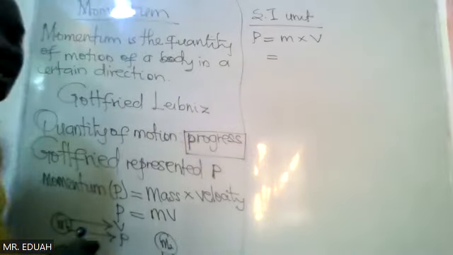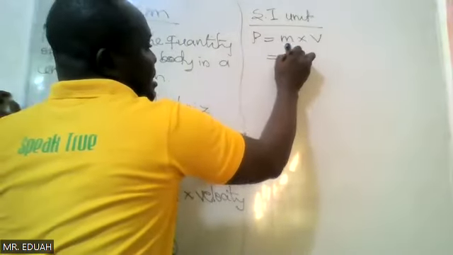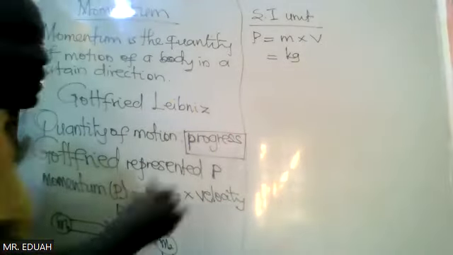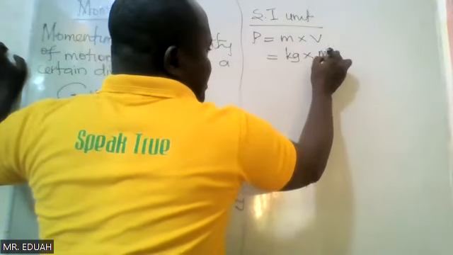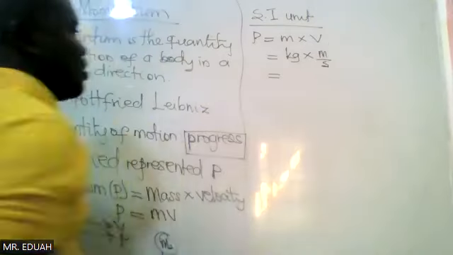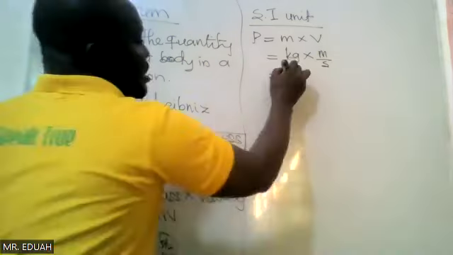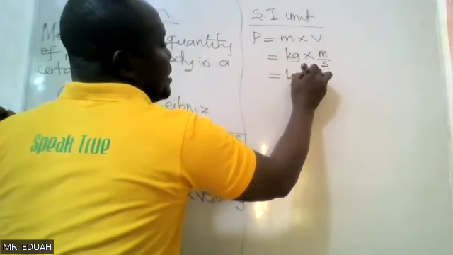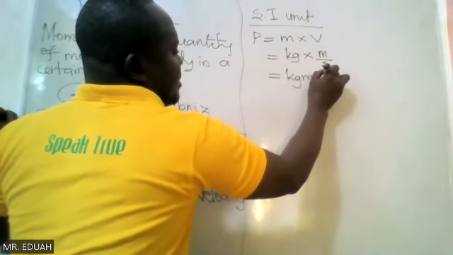Mass, in terms of basic units, is measured in kilogram, velocity in meter per second. And so the basic unit, or SI unit, of momentum is kilogram meter per second.